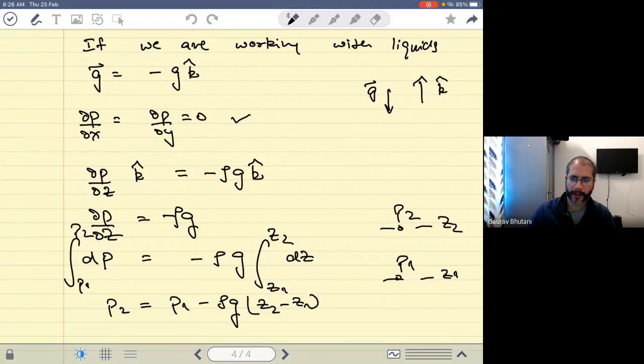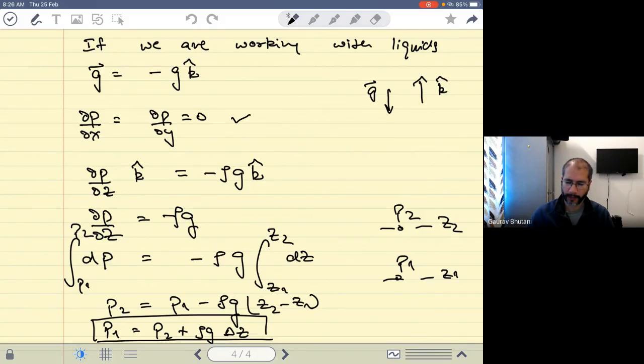I can also call Z2 minus Z1 as delta Z. You can see that P2 is less than P1, which of course we already know. So we can also write it the other way around: P1 is P2 plus rho g delta Z. Nothing new here, just ensuring that whatever ideas we knew earlier are still satisfied.